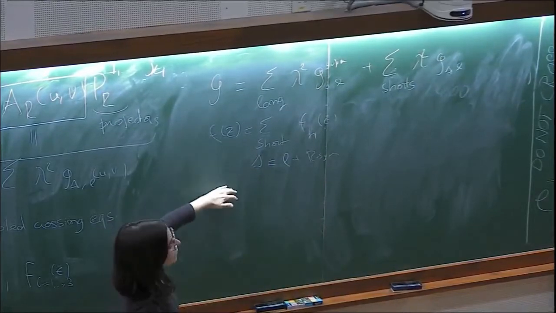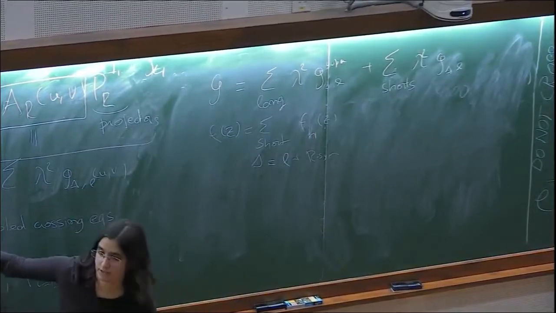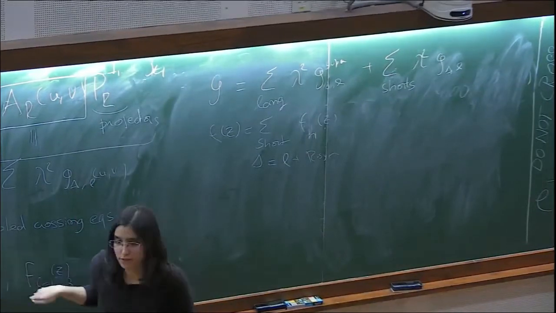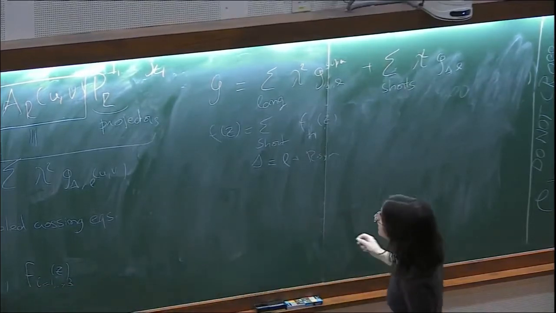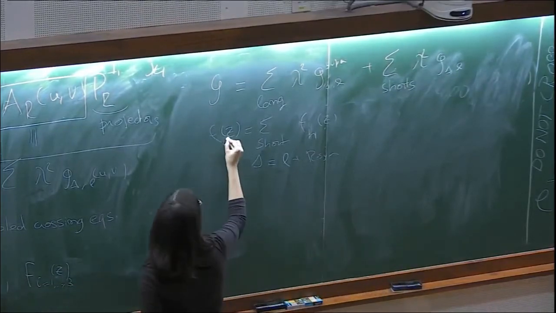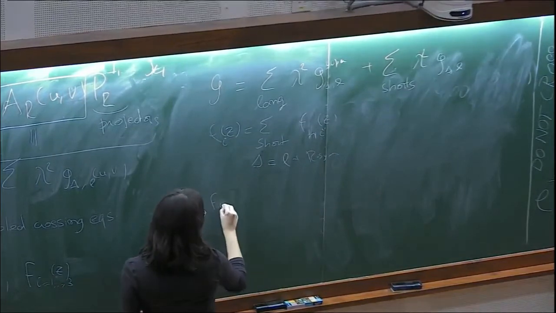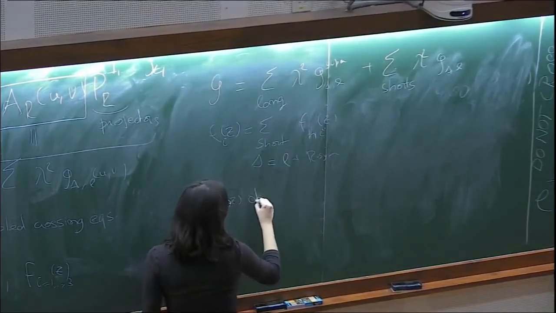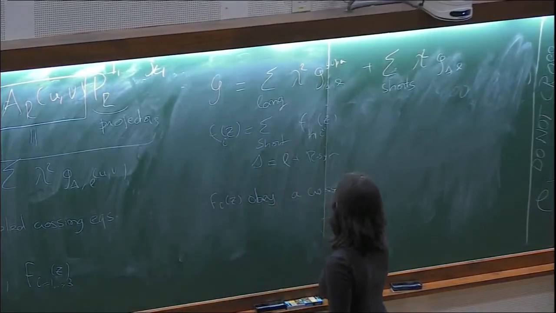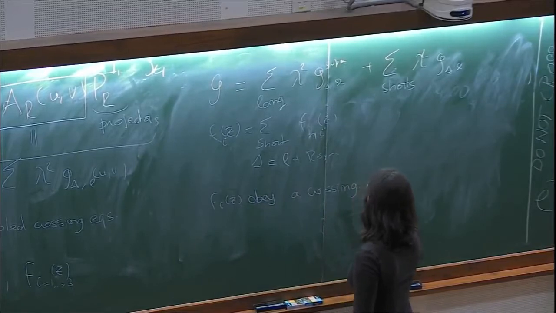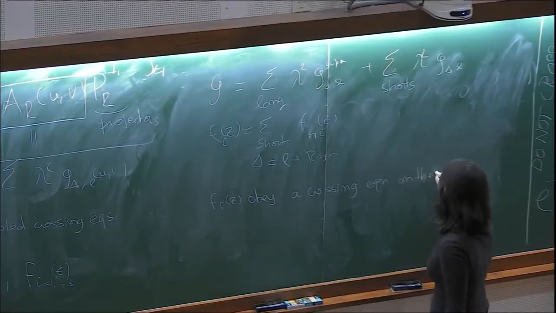And now you work out the crossing equations for these things. You had 6 crossing equations to begin with for these 6 A_R, but there were only these functions. And actually, in the end, you find that these F_i, there were 3 of them, F_i of z obey a crossing equation on their own, that you can actually solve.